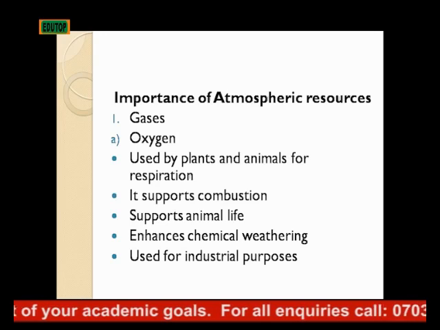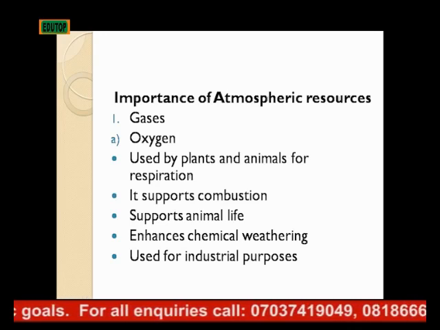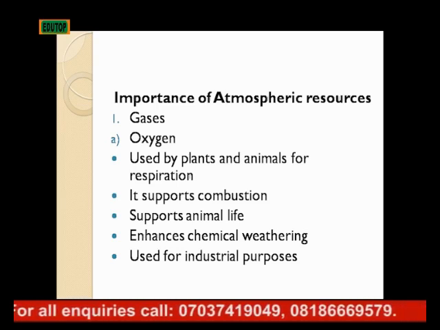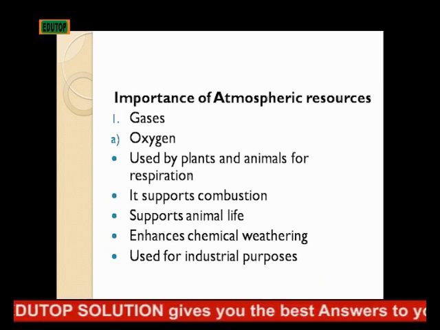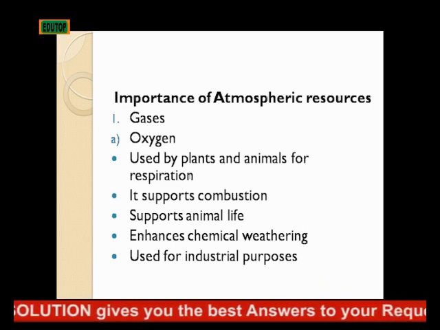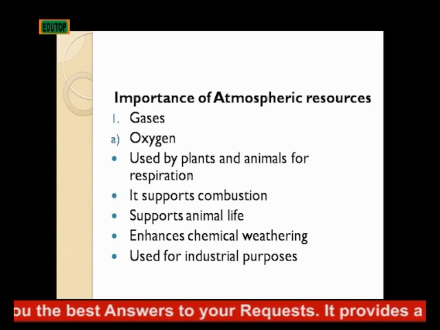One is gas. And we have various types of gases, as mentioned earlier. We have oxygen. And what is the importance of oxygen? Oxygen is used by plants and animals for respiration.